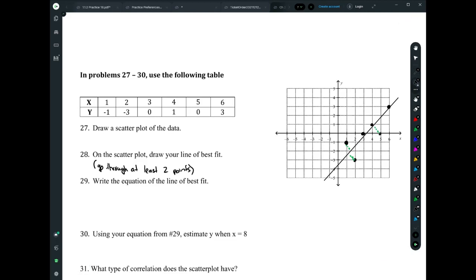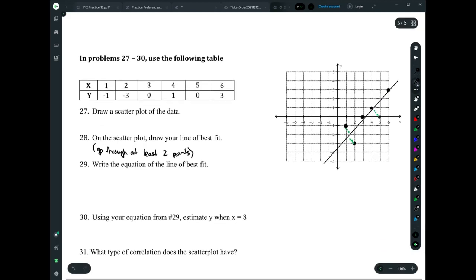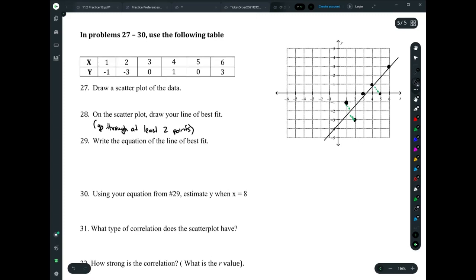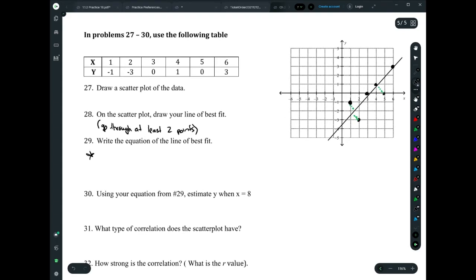Equation of the line of best fit. Here's where we can really use our calculator. For this, you're going to go to Stat and Edit. In the L1 column, you're going to put in the X values. In the L2 column, you can put in the Y values.